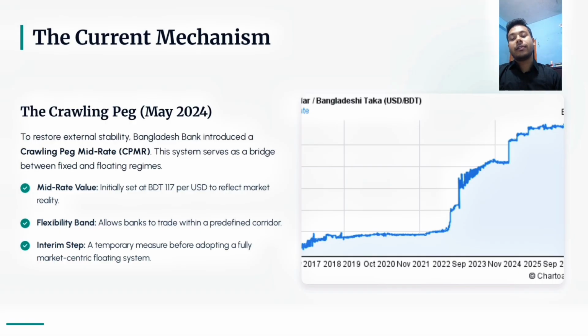There are three factors: mid-rate value, flexibility band, and interim steps.